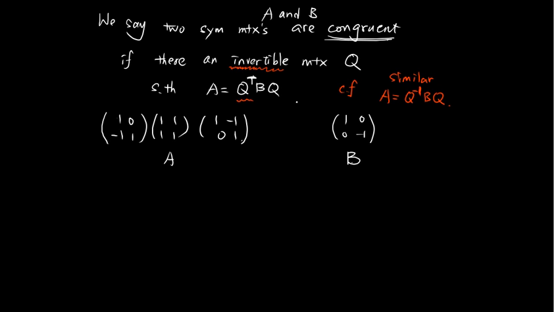Let's call this Q, and this is Q transpose. Then you can do the calculation. In fact, this matrix is doing the row operation.